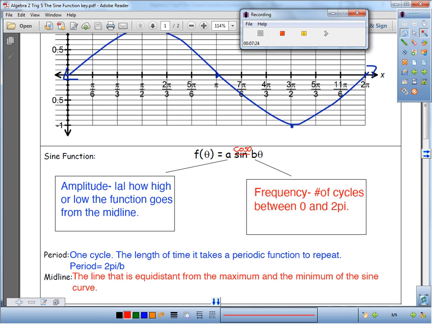But the amplitude is still A, and it's how high or low the function goes from the midline. The frequency then is the number of cycles between 0 and 2 pi. How many times you're going to see that cosine curve.